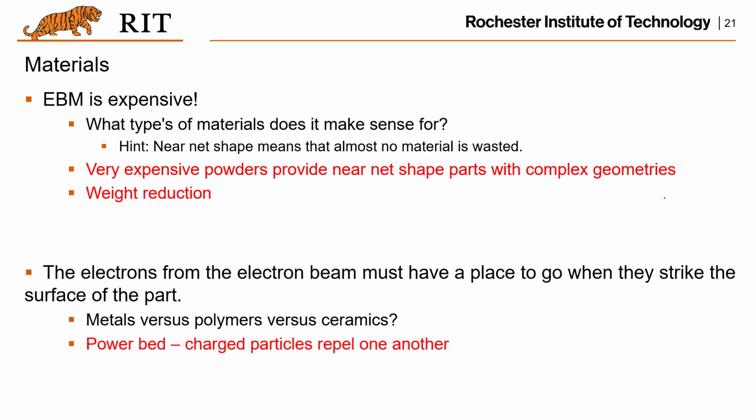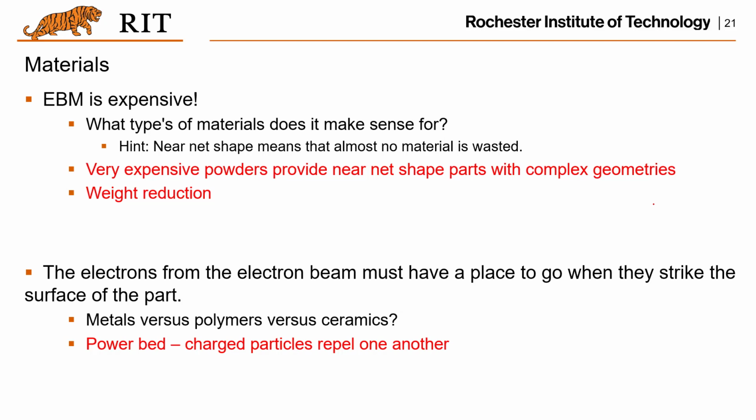Another thing is, for the EBM process, ceramic or polymer powders cannot be used, because when the electron beam hits the powder bed, it will be conducted by the metal powder and led to the ground. But for the polymer or ceramic, they are not good conductors.